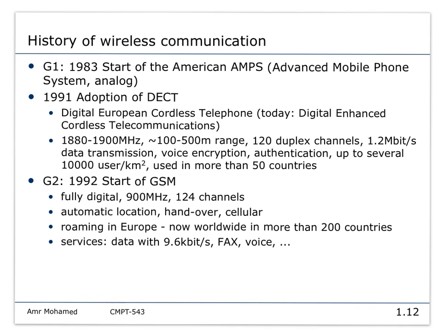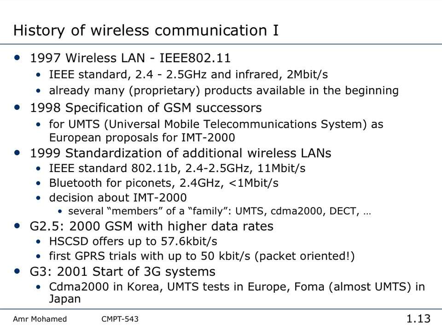We get your location in terms of which base station you are connected to, not as exact as latitude and longitude. And again, data service was really low. So that was the second generation.